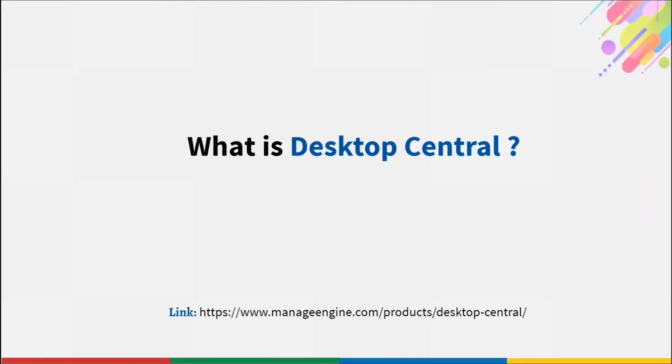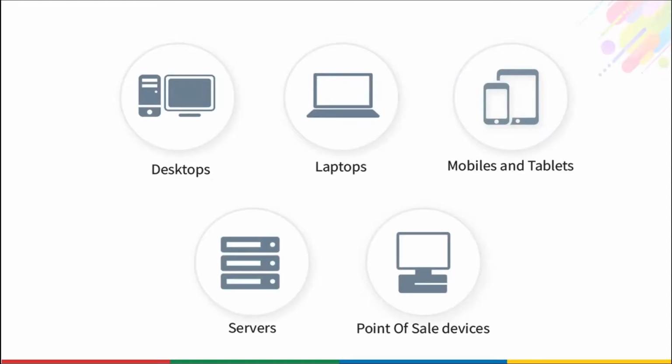Right. So before we move into the agenda of today, which is asset management, let's have a quick overview on Desktop Central. Desktop Central is a unified endpoint management solution which helps you in managing desktops, laptops, servers, mobile devices, and even POS devices, which run on all supported operating systems.